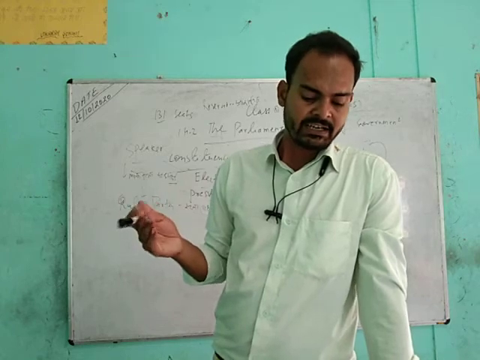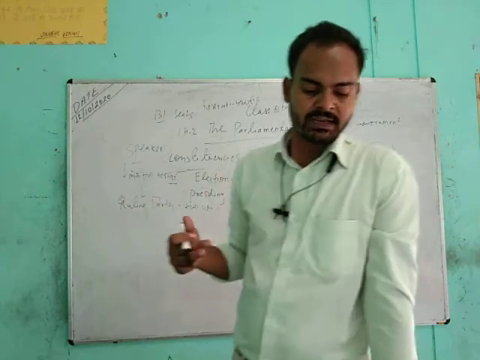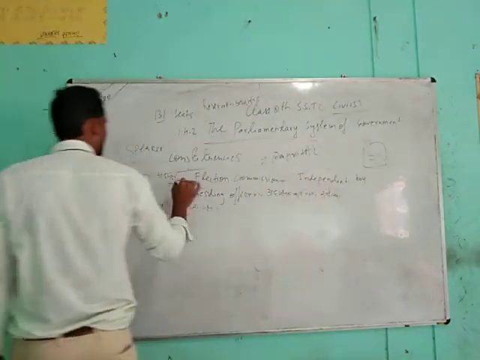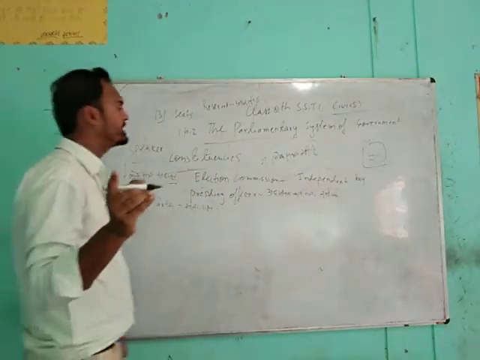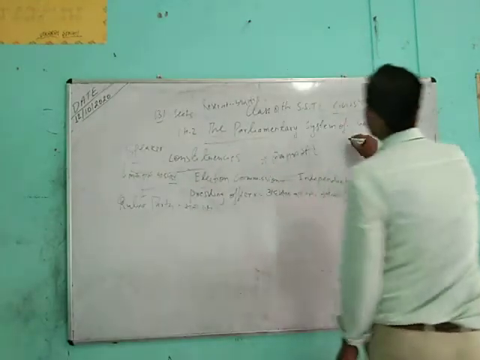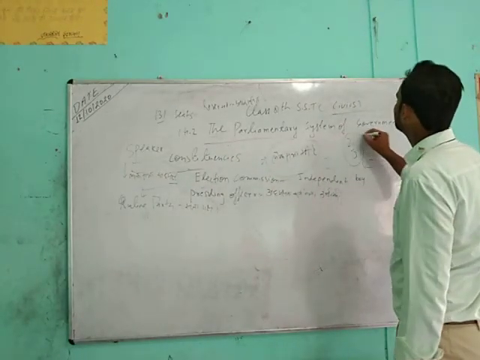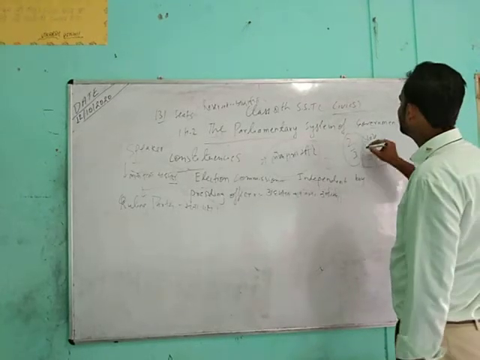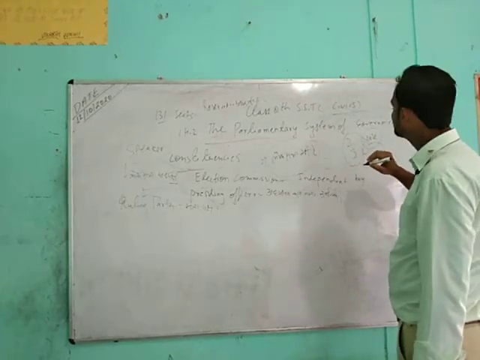Sometimes when no party gets the majority, a coalition government, a type of government formed by two or more political parties, is formed. Students, you have to know that a party needs a majority of votes in Lok Sabha.